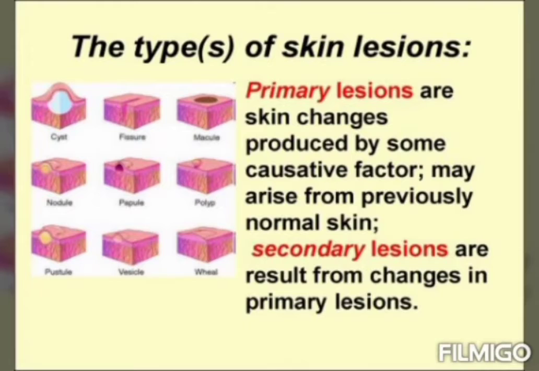For example, if someone scratches a mole until it bleeds, the resulting lesion with a crust is now a secondary lesion. We may hear, don't touch the acne, or don't irritate the skin lesions, because it becomes a secondary lesion.